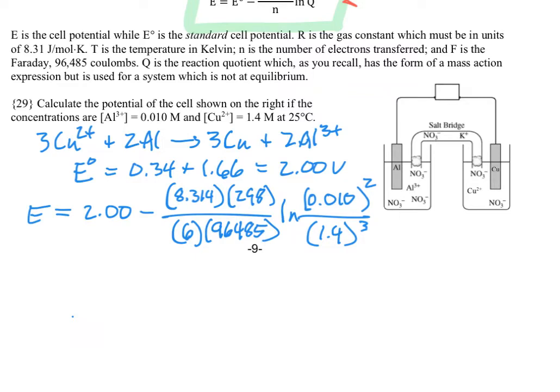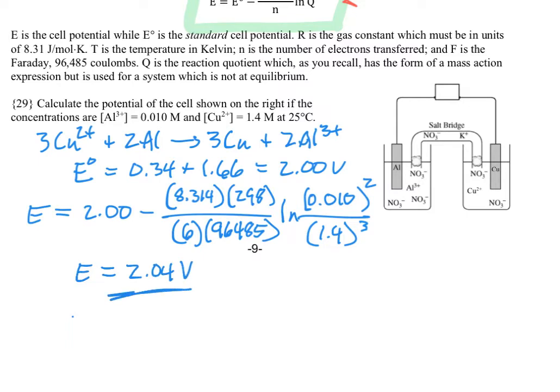I tend to go from back to forwards. I do this part of the calculation, take the natural log, do the multiplication, do the division, hit the plus/minus sign on my calculator, and add the standard cell potential. All right, so if you and your calculator can work through this, you're going to see that the new cell potential we get here is 2.04 volts.